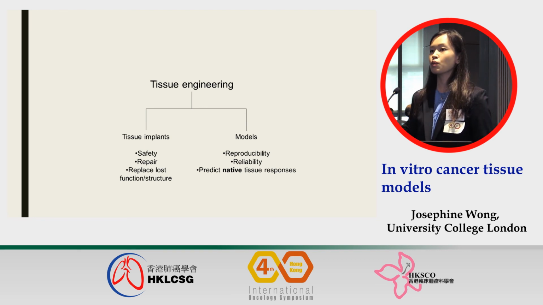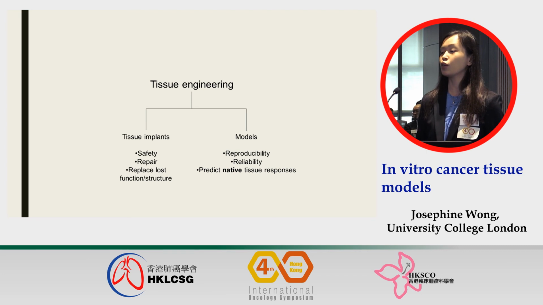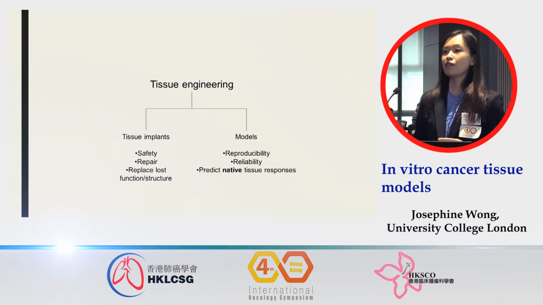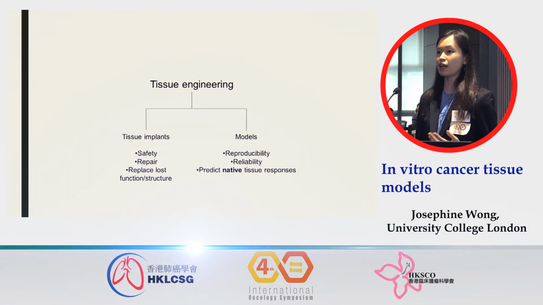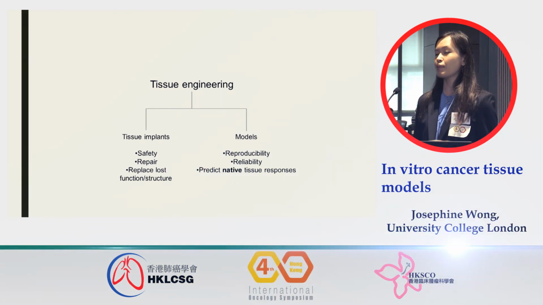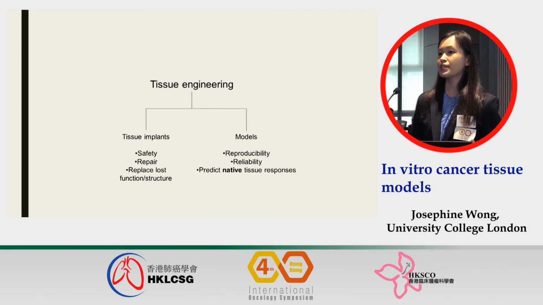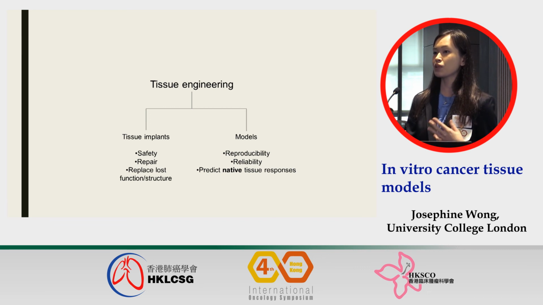In implants, we aim to create a material that is first and foremost safe for human implantation, and that will be able to functionally replace the lost tissue. For tissue modeling, the most important aspect is to create a reproducible and reliable model so that we could reliably predict the native tissue response when we want to study the cells.